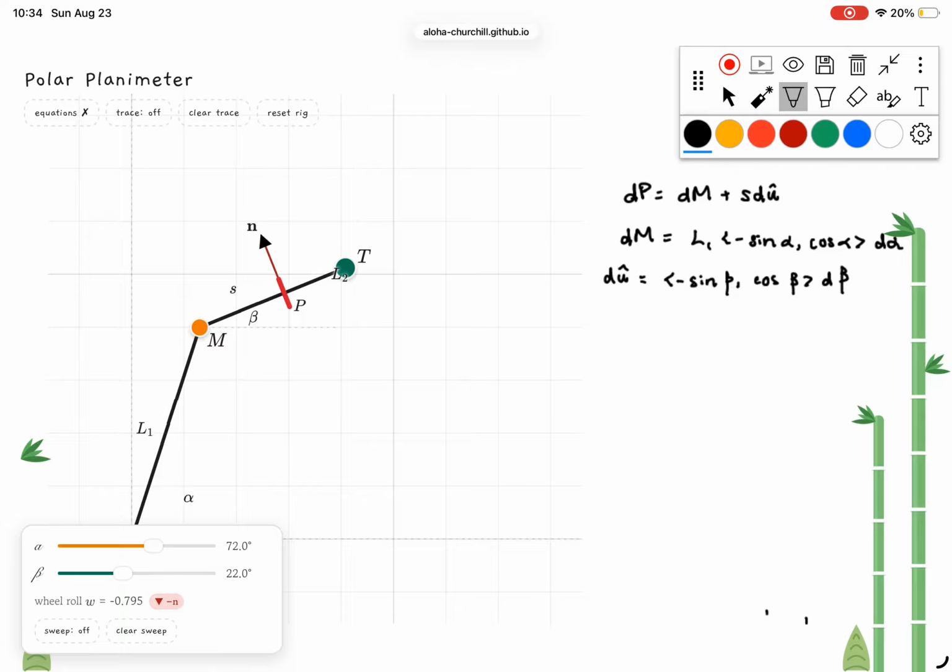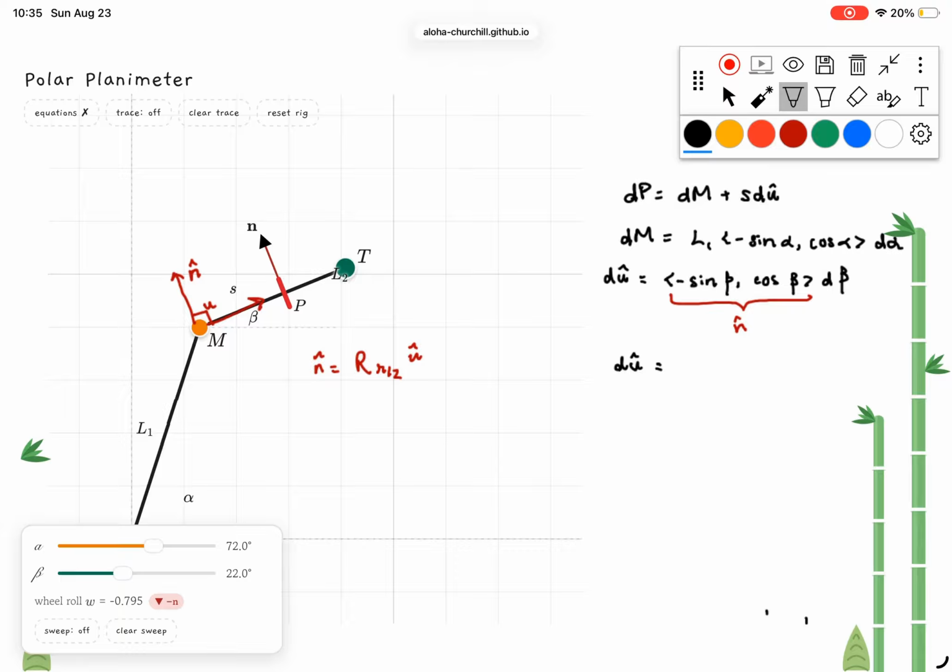If you look at this dU term, we can see this negative sine beta, cosine beta is actually going to be the same thing as our normal vector. And the reason for this is if we take the rotation matrix of pi over 2 and apply that to u, then we just get our normal, which is, again, facing in the direction of the wheel.